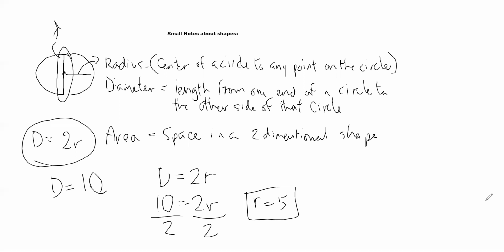The reason for this is, as was stated earlier, the area of a circle can be found using the formula pi r squared. And if we were to give that circle a height, it becomes cubed. It becomes volume. Okay, so that's about as far as we're going to get into this.